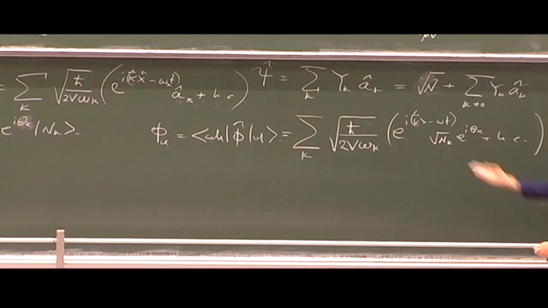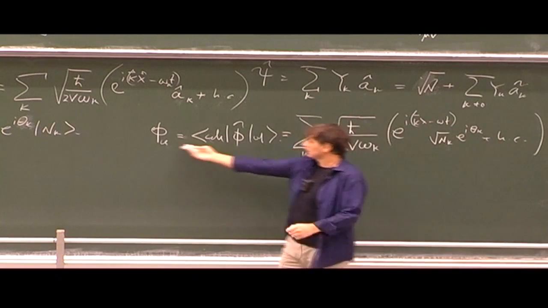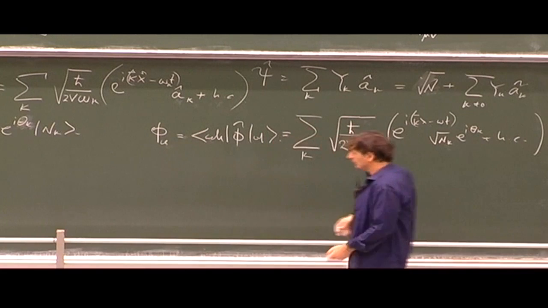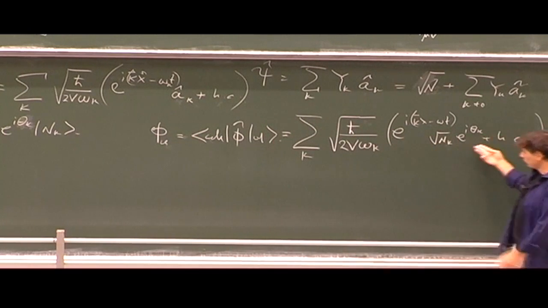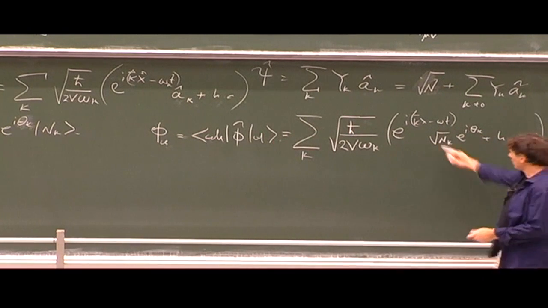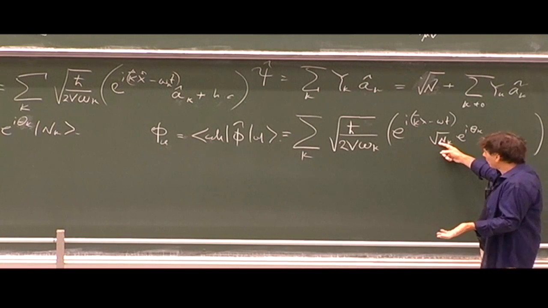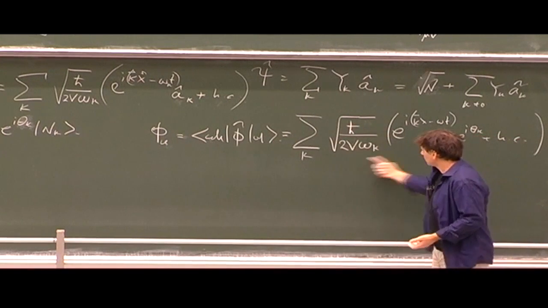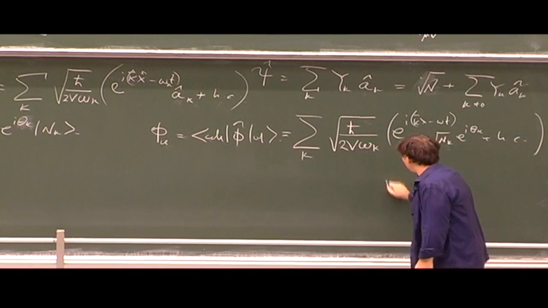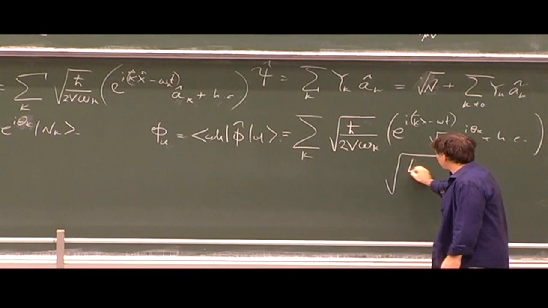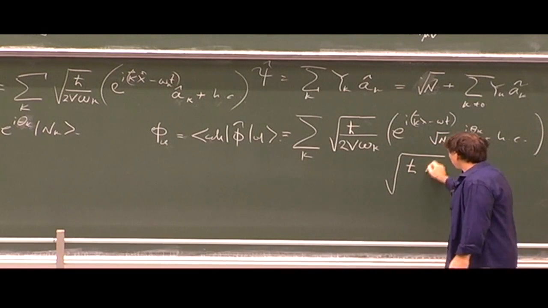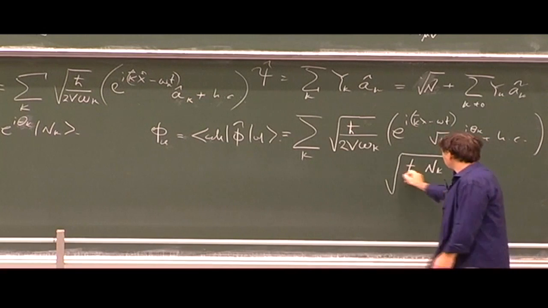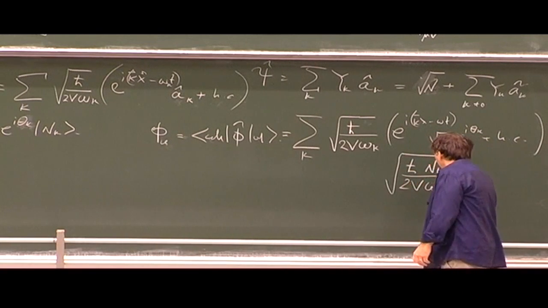If I think of this as a classical field, which it is, these are its Fourier components. So effectively, let's group them. We get h bar N_k for each component over 2 omega_k.